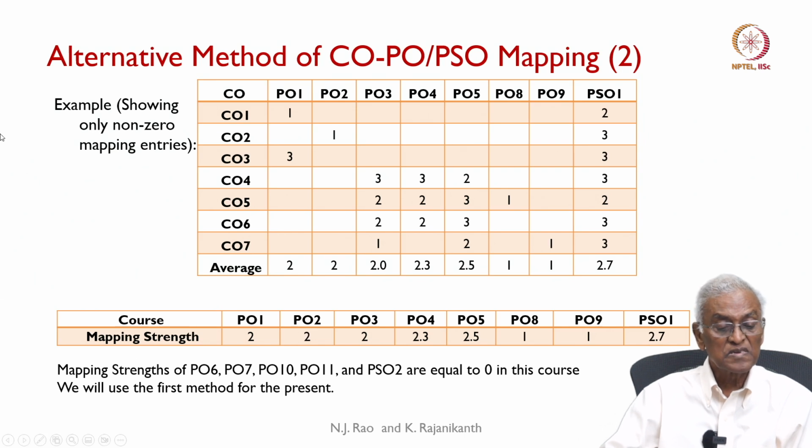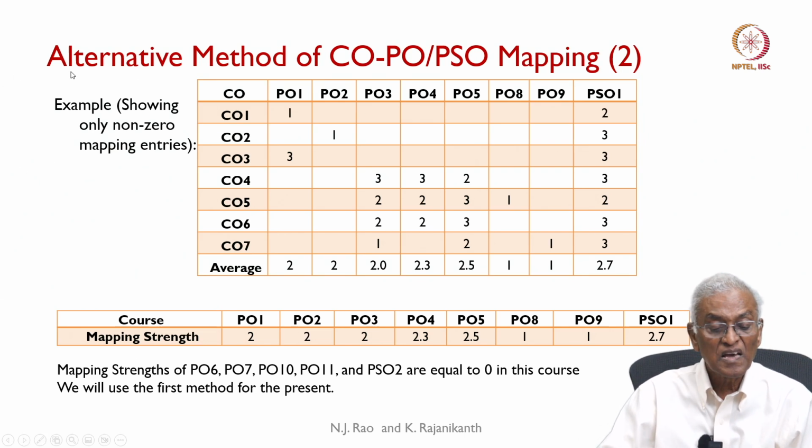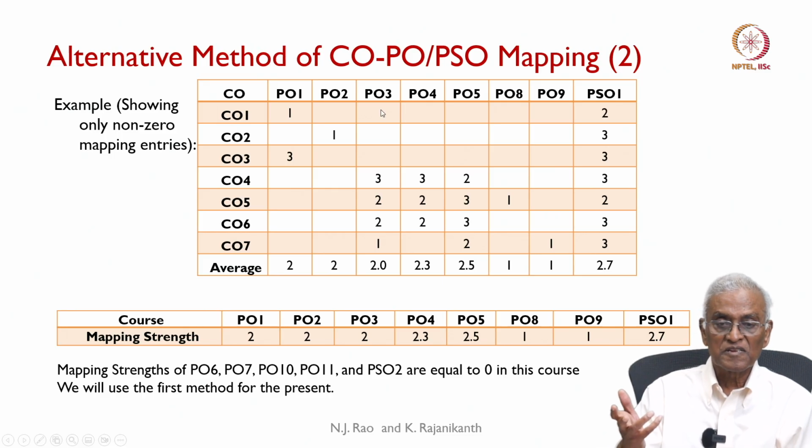So what happens is, for CO1, I look at the statement and say I am addressing only PO1 and PSO1 like that. For each one, I make a judgment and say that I am addressing to a particular strength. Then what do I do? I take the average.